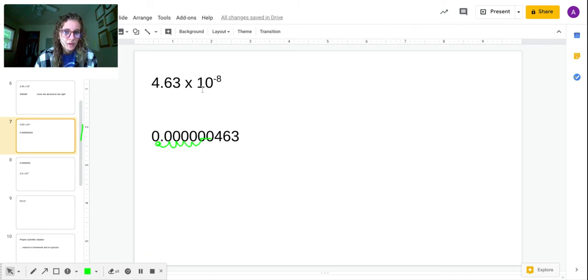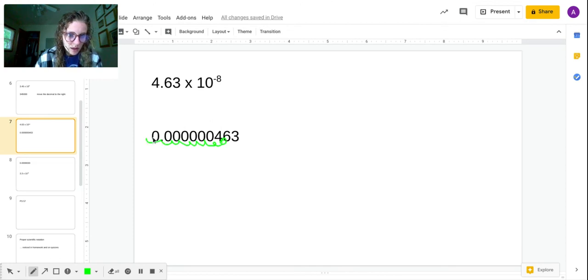When we have a negative, we're going to move the opposite way. Our decimal point was right here, but now we're going to move it 1, 2, 3, 4, 5, 6, 7. Wait, did I do that right? 1, 2, 3, 4, 5, 6, 7. Oh, I did it wrong. I needed another one, 8.